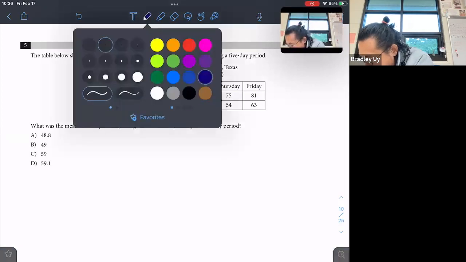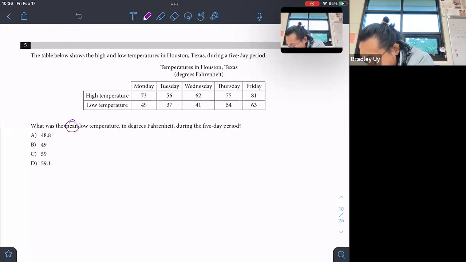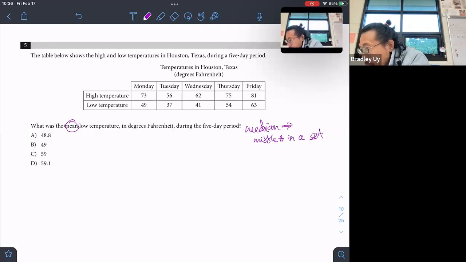The mean, we have to understand, is the average. Mean is the fancy math term for average. While we're talking about it, the median, might as well. This is the middle number in a set, and the set has to be arranged from least to greatest. If you happen to have two middle numbers, you have to take the average, the mean, of those two numbers.